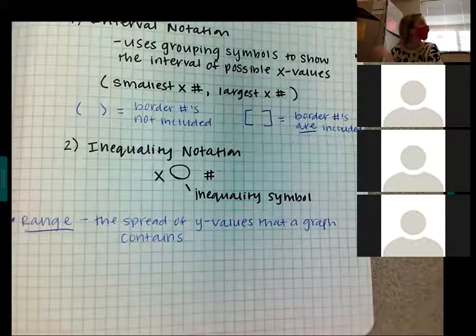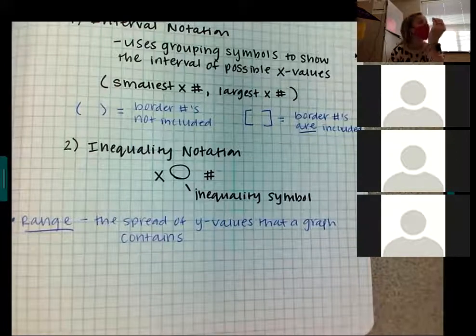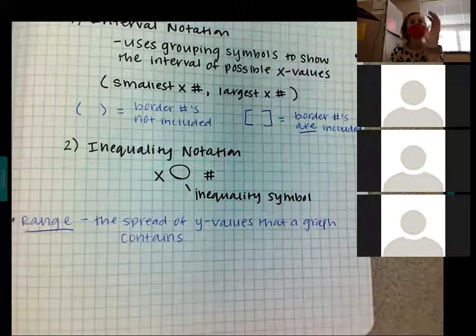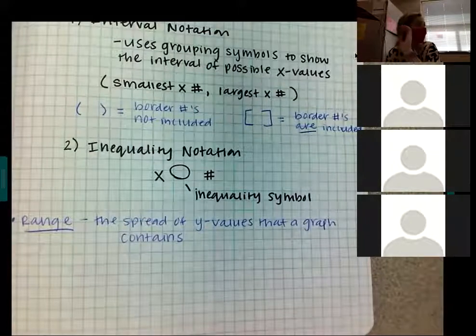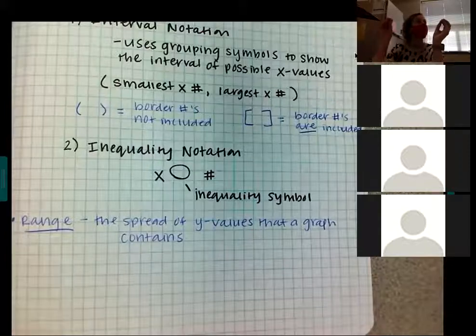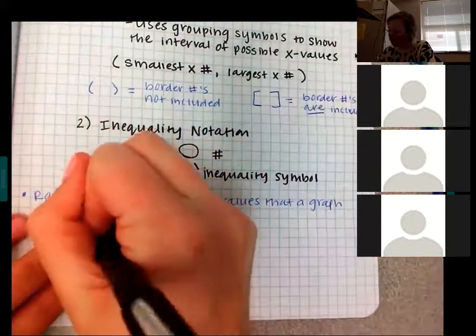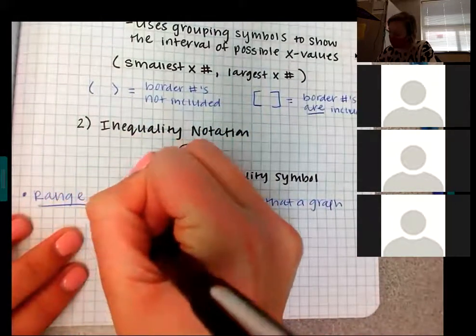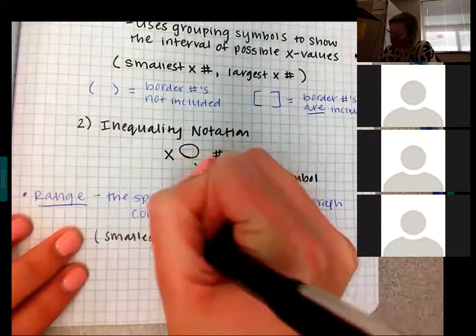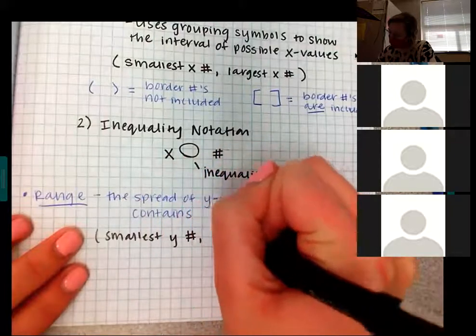So when we find range of functions, we're going to do the smallest Y value up to the biggest Y value. So you're not actually going to subtract them. You're just going to find the smallest and the biggest and list it out. So it's going to look something like this, kind of like what we wrote up there. Smallest Y number to the biggest Y number.